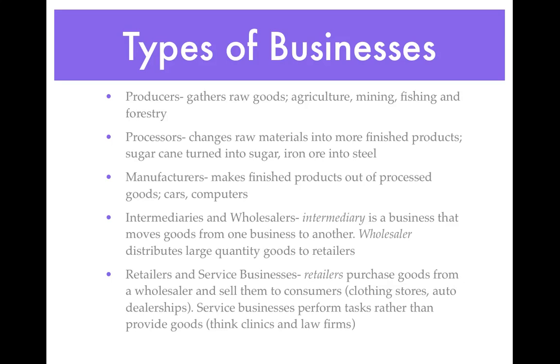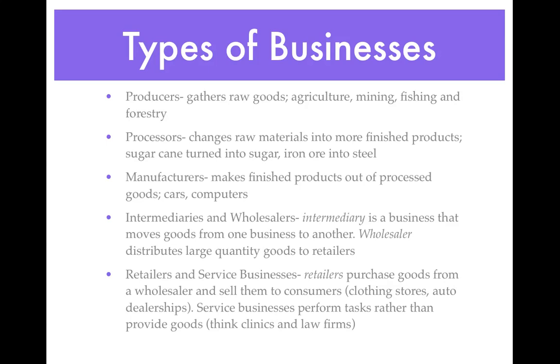So it buys goods, it stores them, and then resells them. Wholesalers are companies that distribute large quantity of goods to retailers. So a clothing wholesaler may buy thousands of jackets from several manufacturers and then will sell them in smaller quantities to retailers who then turn around and sell them to you.